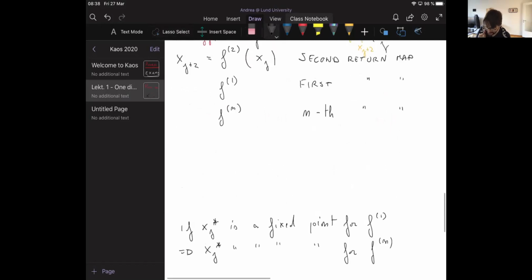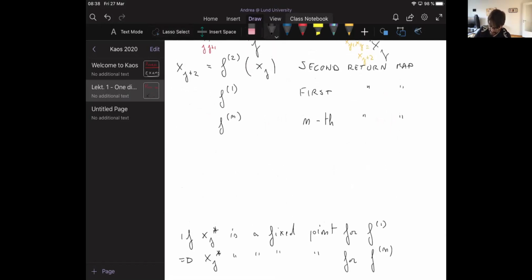Okay, so what is the second return map? Simply F2 of a given xj is equal to F1 applied twice, okay? I hope it's clear, but let's do it.